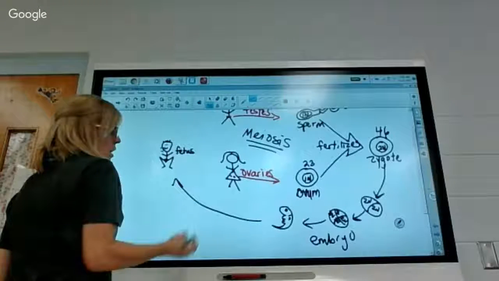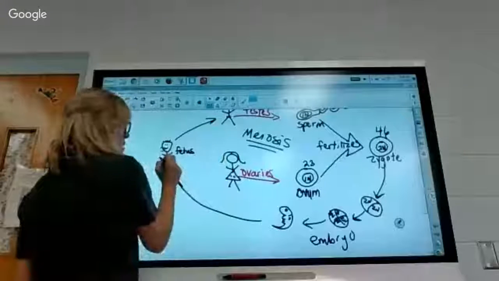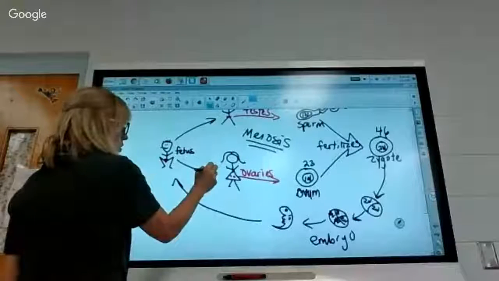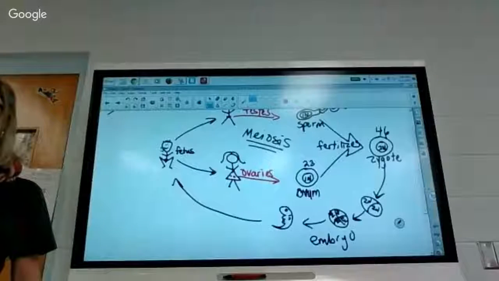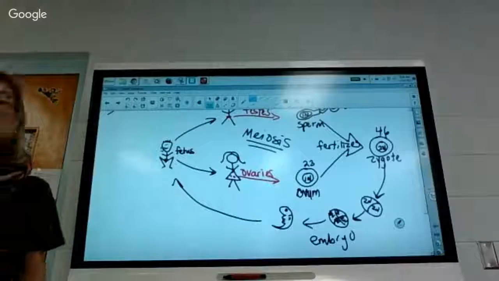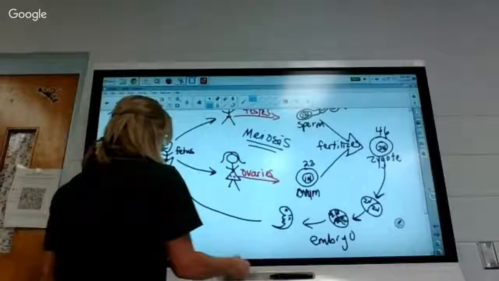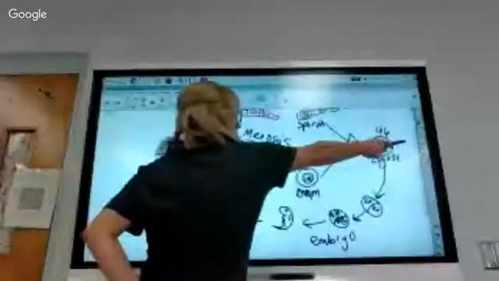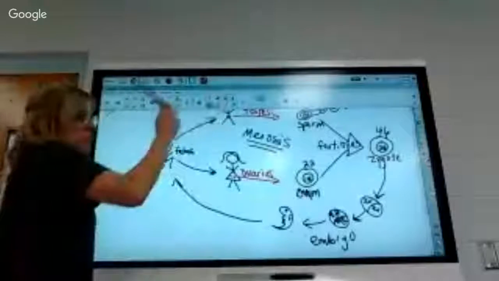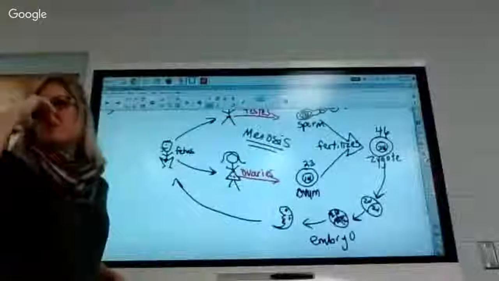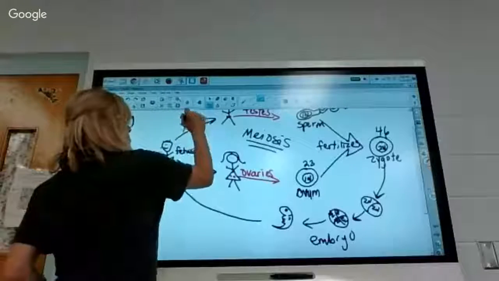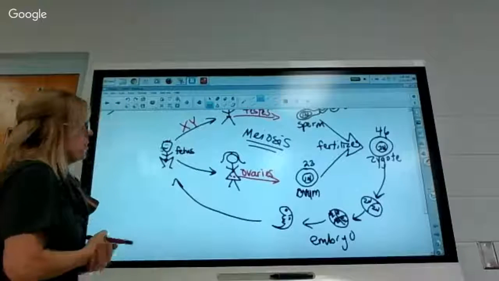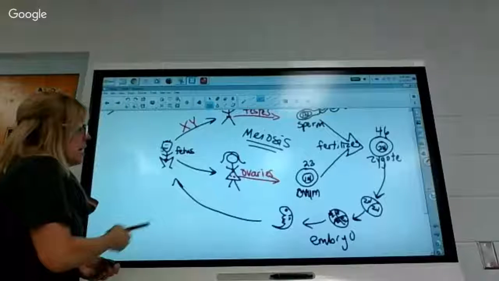So what determines if he forms or she forms into a boy versus a girl? All right, so what chromosomes will this baby have inherited all the way up here if it was going to develop into a male? The XY. Right. All right, and then how about for her?